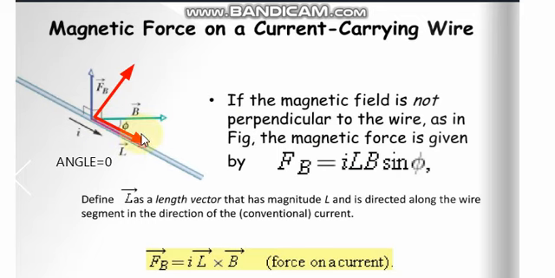If the wire is placed parallel to the magnetic field, the force will be 0, and at any other angle lying between 90 degrees and 0 degrees, the force will have an intermediate value between 0 for the parallel case and maximum for the perpendicular case.